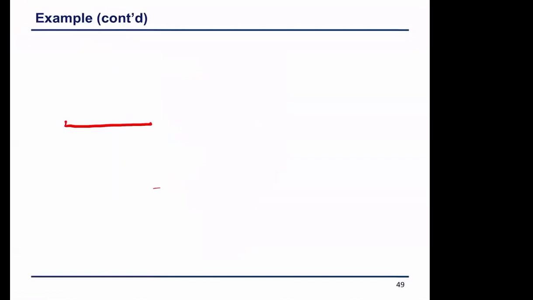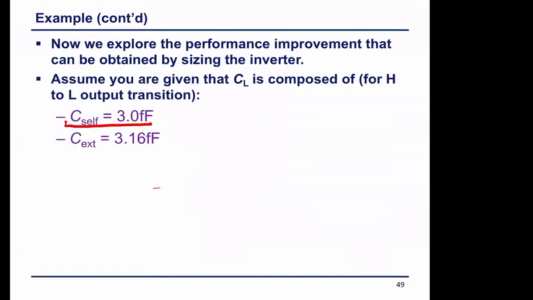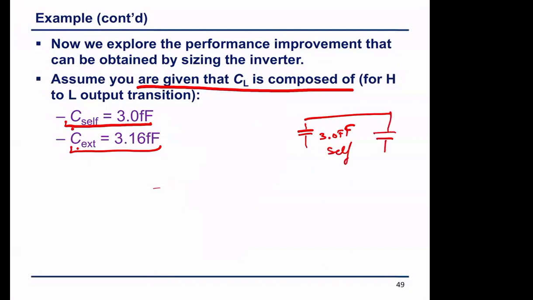Okay, so now we want to explore the effect of sizing on an inverter. And we're given that C load is composed of C self and C external. So it shows me that I have 3 femtofarads for my self capacitance in parallel with 3.16 femtofarad, which is C external.